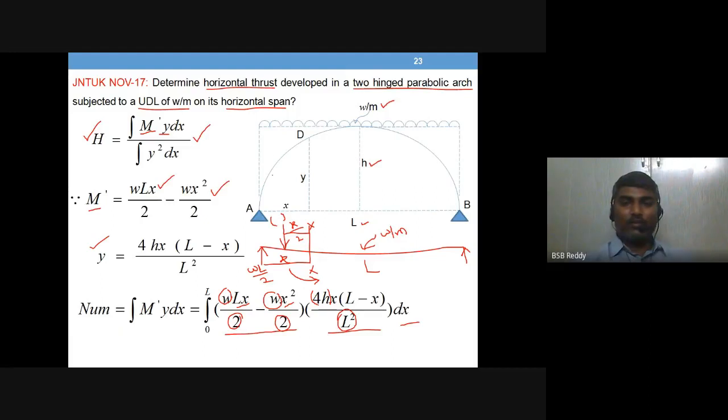Okay, so if you have a parabolic two hinged arch with UDL on its horizontal span, the horizontal reaction or horizontal thrust is W L square by 8H.